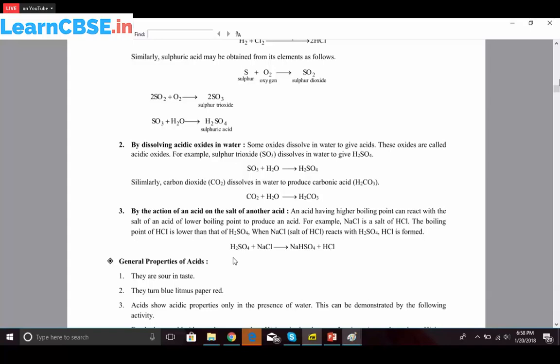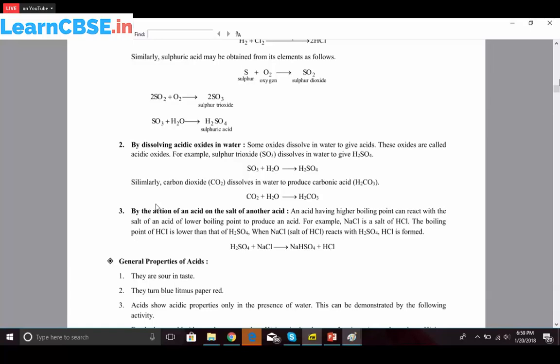Non-metallic oxides are generally called acidic oxides because when non-metallic oxides dissolve in water, we get an acid. That's why non-metallic oxides are acidic oxides. For example, SO3. S is the non-metal which combines with oxygen, so this is a non-metallic oxide. When we dissolve it in water, we get H2SO4.